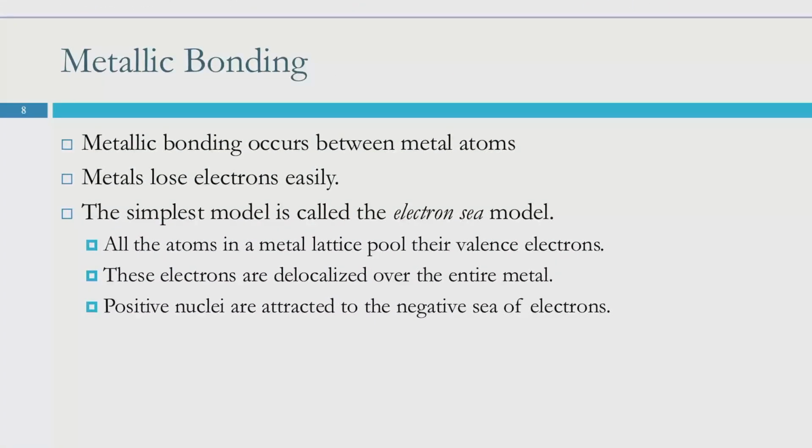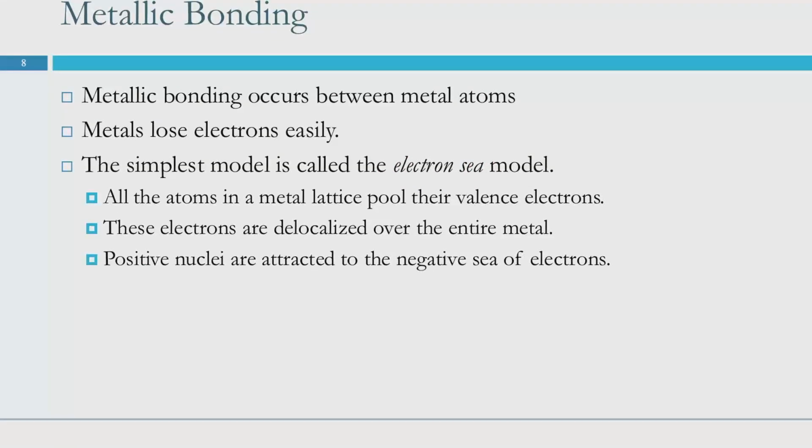We also have metallic bonding that can occur between metal atoms. Metals lose electrons easily. The simplest model for metallic bonding is the electron sea model. Essentially, we've got a bunch of positively charged metal nuclei, and the electrons just kind of flow freely whatever way they want to.